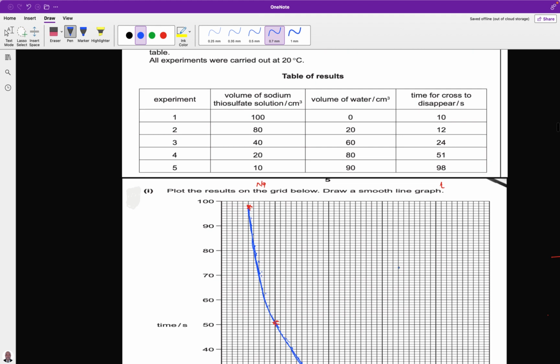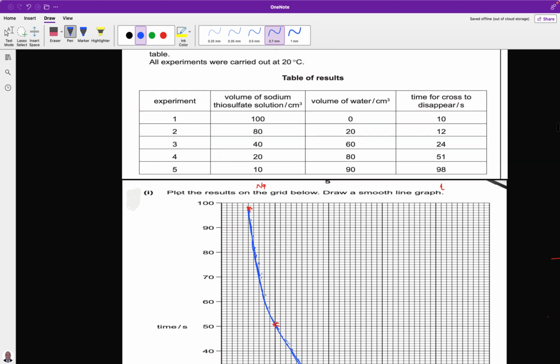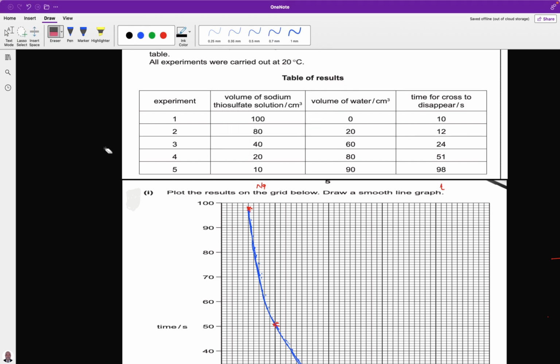Now, we have been told here to plot the results on the grid below. Draw a smooth line graph.